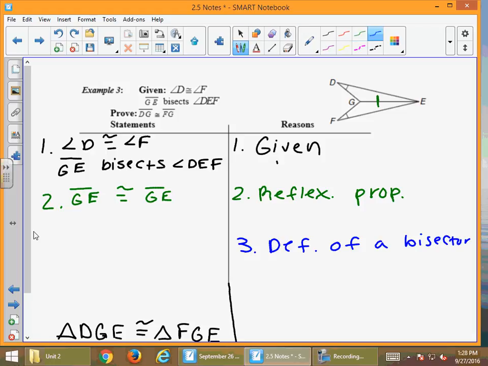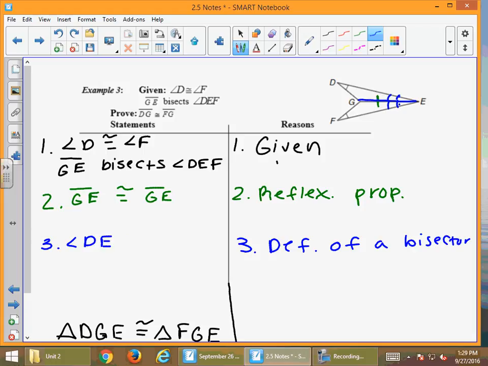And then if you remember about the bisector, this line, GE, is cutting this angle in half because it's bisecting it. Okay? Well, if it's cutting this angle in half, what do we know about this angle and that angle? They're the same. So you mark it in your diagram, and then write it in your proof. I'll name the first one. I'm going to say DEG.